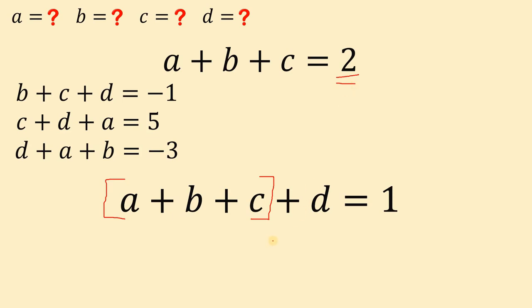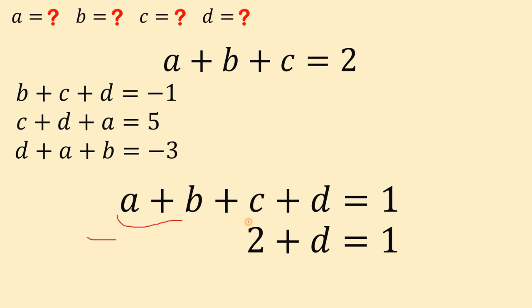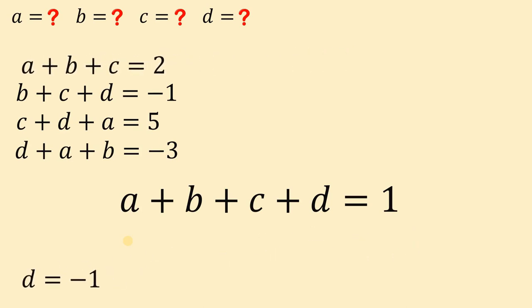So the resulting equation is 2 plus D equals 1. The reason is we know for sure that A plus B plus C must be equal to 2. So now we can solve for the value of D. We subtract 2 on both sides, and 1 minus 2 gives us -1. And that is the value of the variable D. Alright, so we now have the value for D, which is -1.